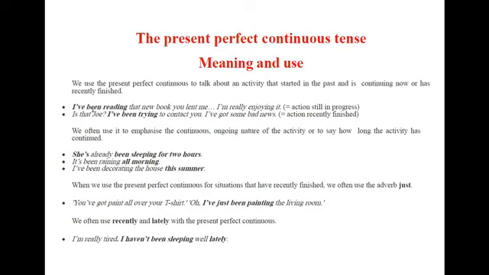I have been reading that new book you lent me. I have been trying. She has been sleeping for two hours. After has we need the past participle, and the past participle here is the third form of the irregular verb be. Why been?